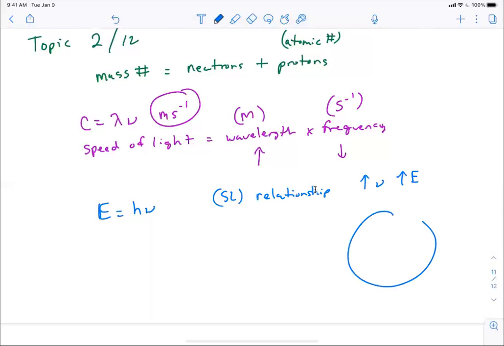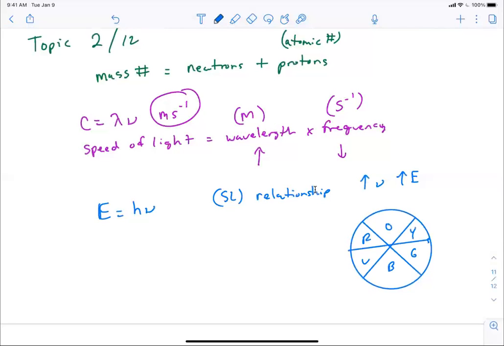And then you also have to relate that to that kind of color wheel. ROY-G-BIV. And this is the lowest energy, and this is the highest. And it goes in this direction around here.